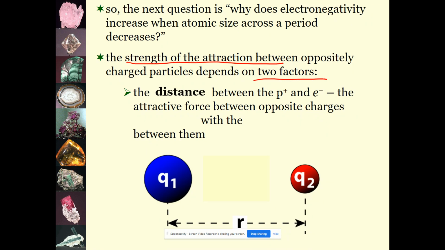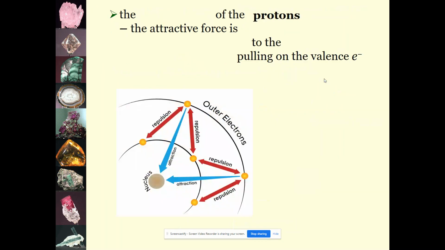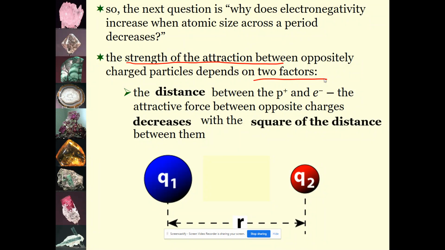Okay, the distance between the protons and the electrons, which actually plays a really big role on the attraction. So if this is my proton and this is my electron, if my distance, let's say one distance is a half the other, the relationship of attraction changes with the square of the distance.